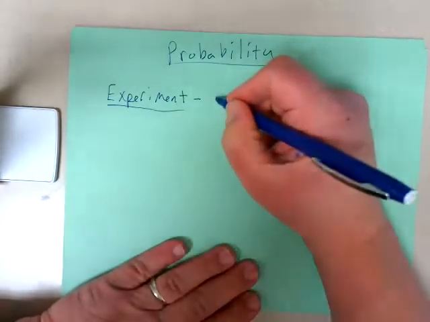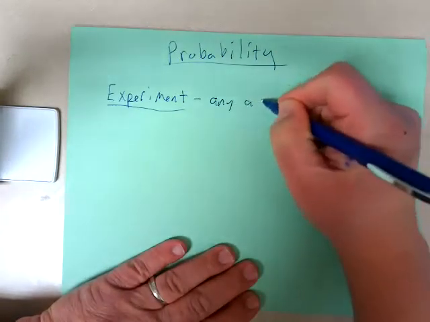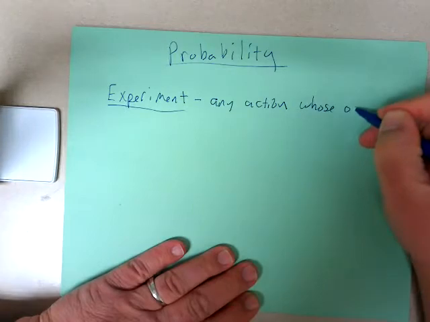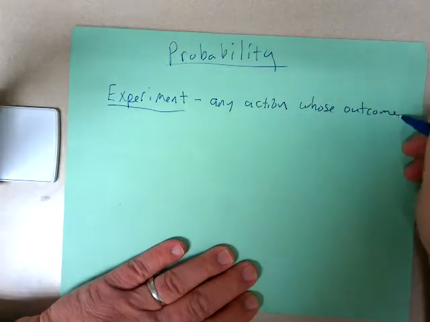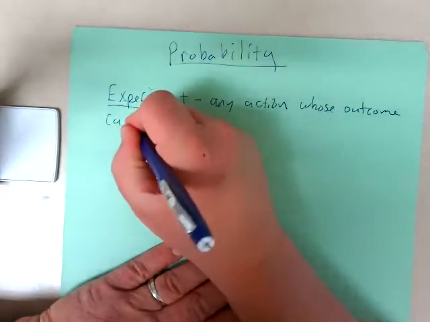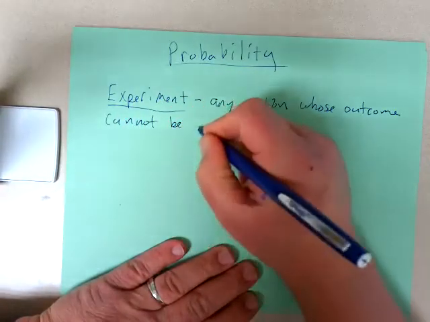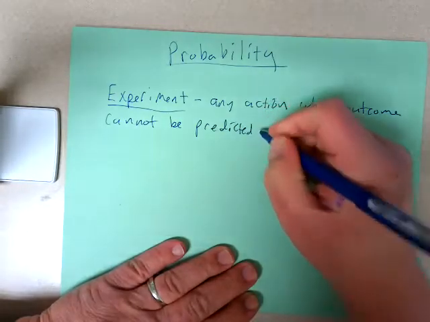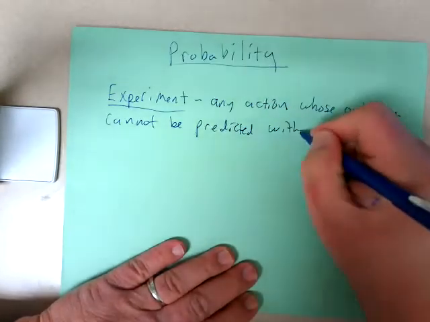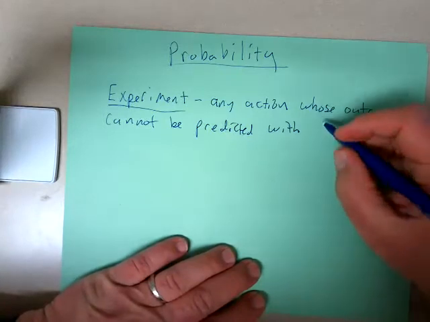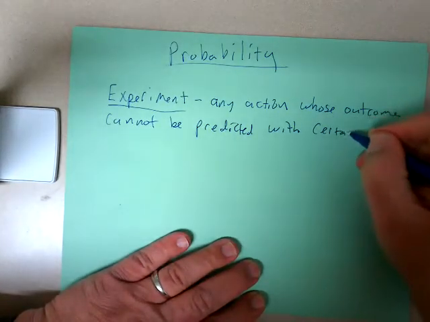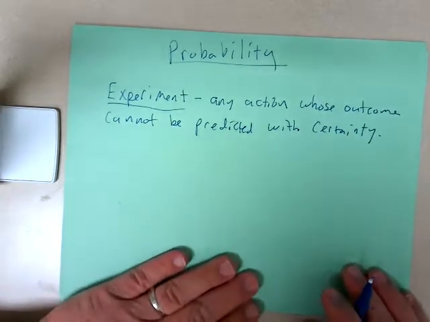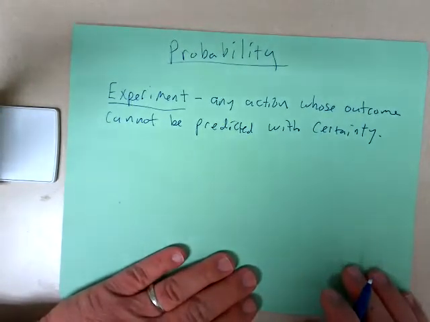Experiment is just the name we use for any action whose outcome cannot be predicted with certainty. Okay, so pretty much any action whose outcome can't be predicted with certainty.